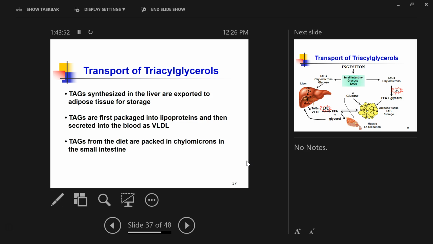We have a specific session to talk about lipoproteins. A lipoprotein is a protein complex that carries the triglyceride from the liver to the adipose tissue. The specific lipoprotein synthesized by the liver is called very low density lipoprotein, VLDL.